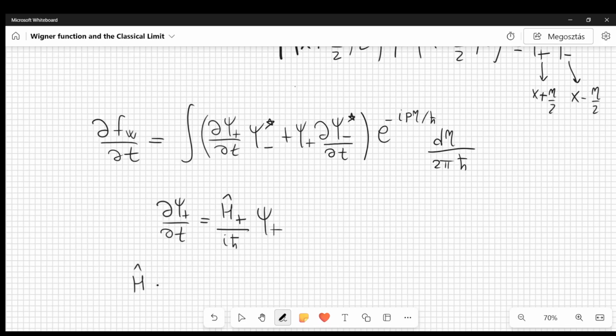The Hamiltonian operator, in general, for just one particle can be written like this. We have momentum squared, but momentum is an operator in this case, divided by twice the mass of the particle, plus the potential energy as a function of x, of position.